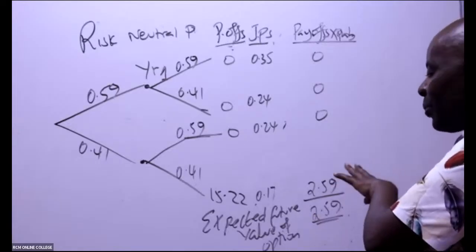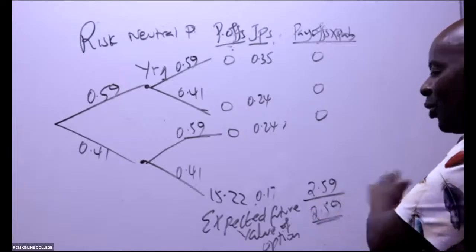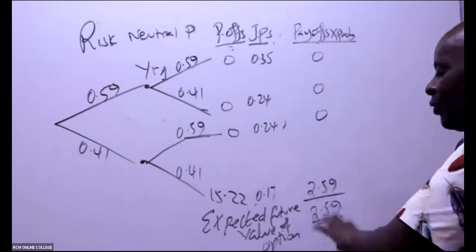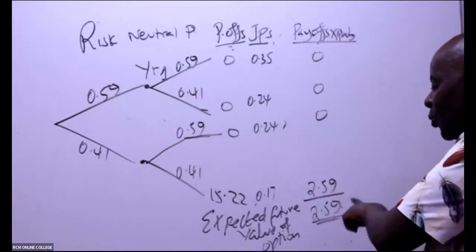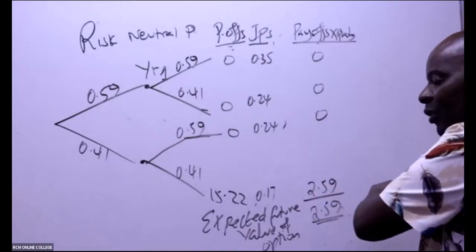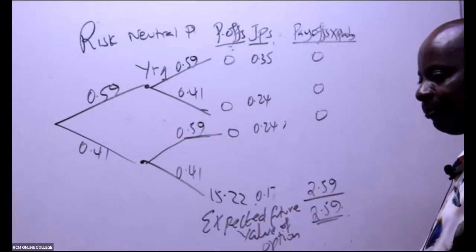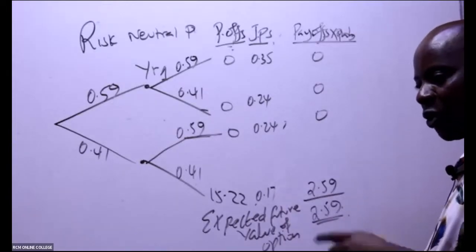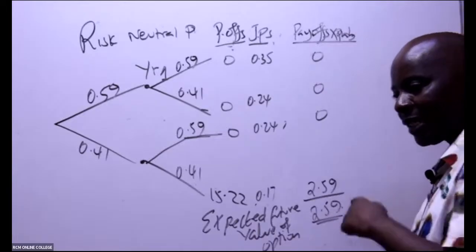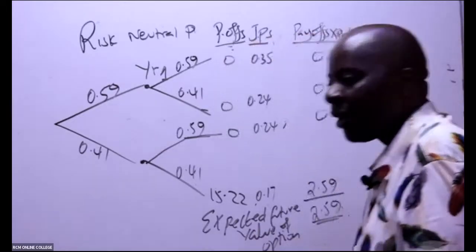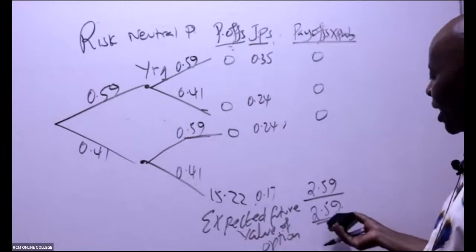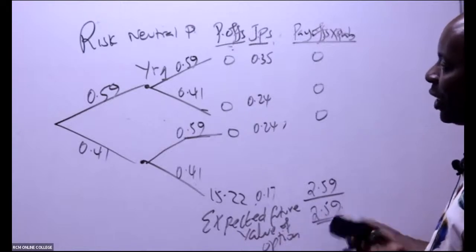But you see, you want the present value using the binomial tree, the binary tree. In this case we want the present value of the option. So what do you think I shall do with this figure to make it present value? We need to discount it with the risk-free rate. So the last step, you discount this at the risk-free rate.